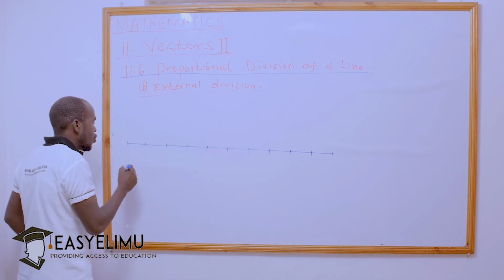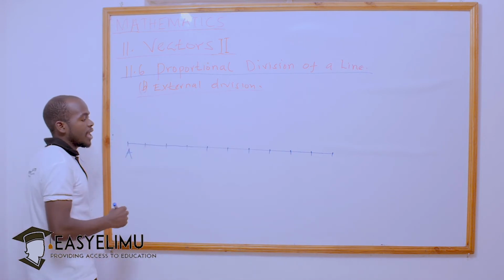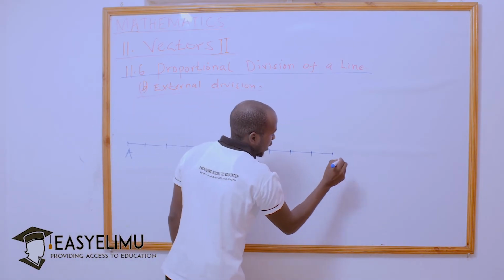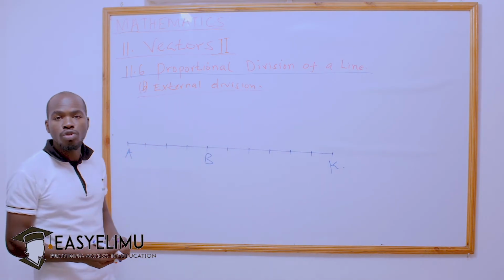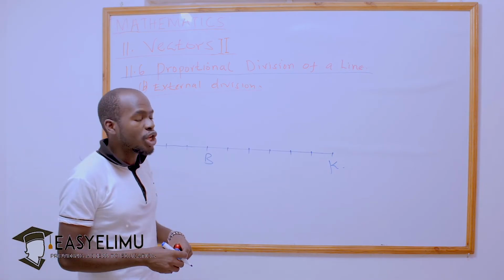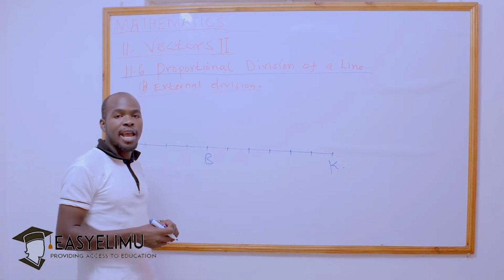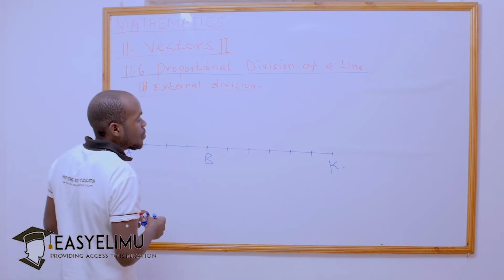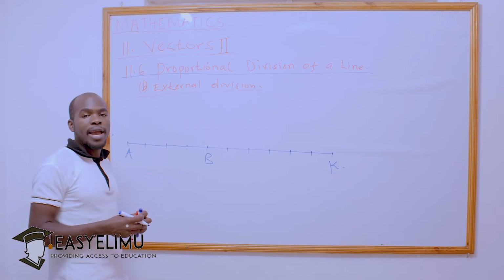So for example, we may have points like A and B and another point K. You may be asked to determine the ratio in which K divides line AB, or in which ratio line AB is divided by K.